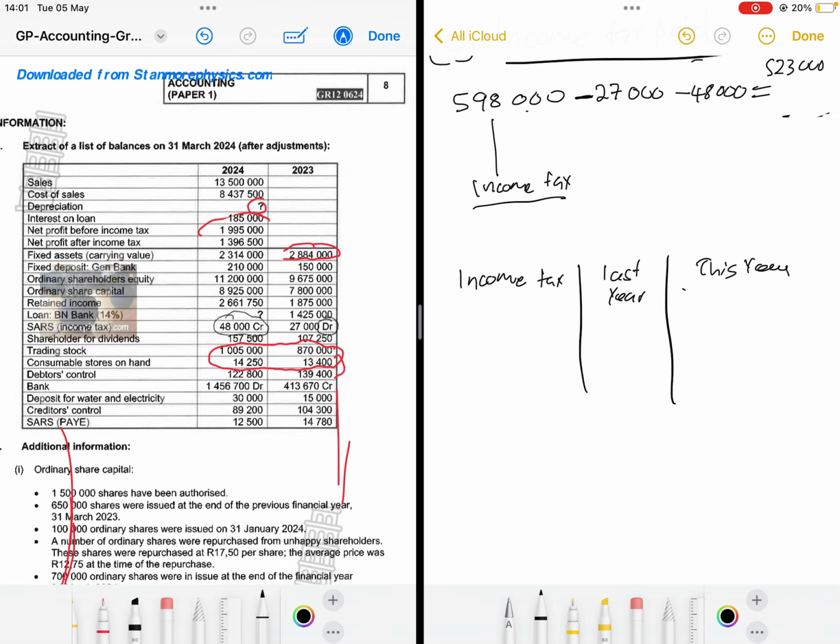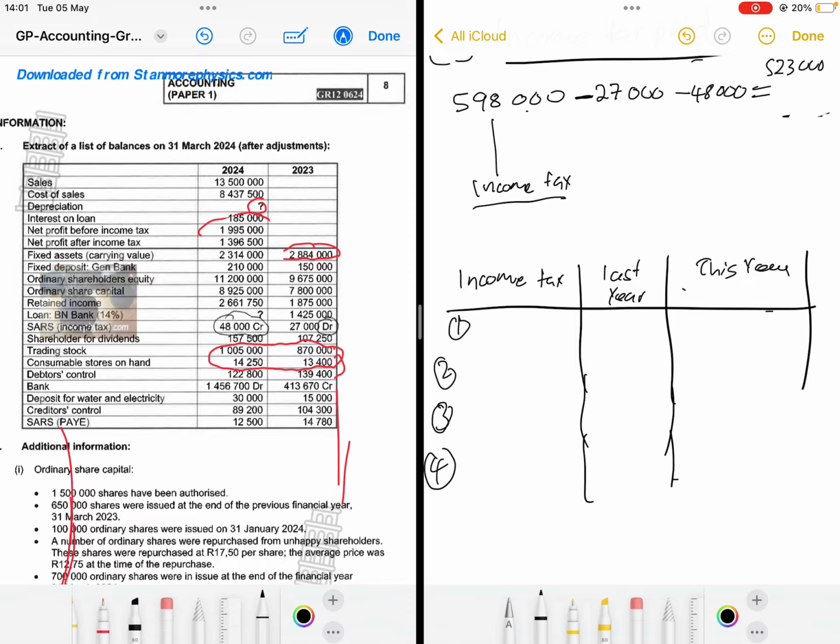So now I have 4 formulas that I need to take into consideration all the time. Number 1, 2, 3, 4. Now these formulas, I have derived them from the ledger account, whereby this is the income tax. Income tax all the time.